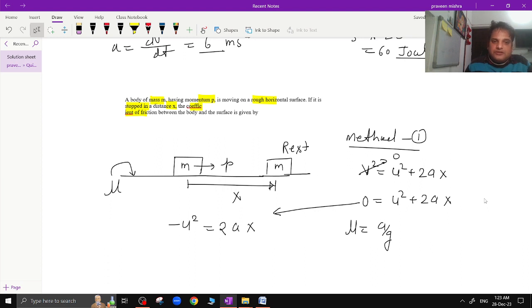What is u? U is the initial velocity, but they have not given you that, they have given the linear momentum. Then p is equals to root of 2 mu, as I have told you earlier.